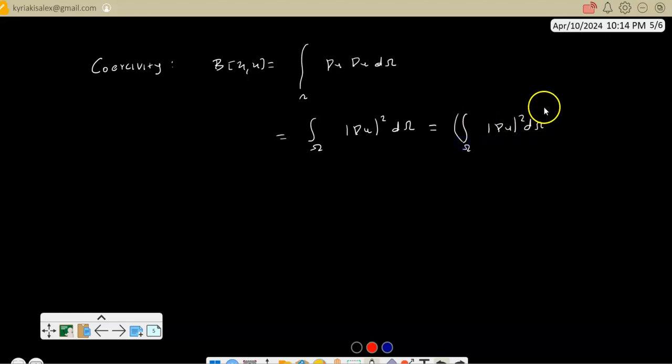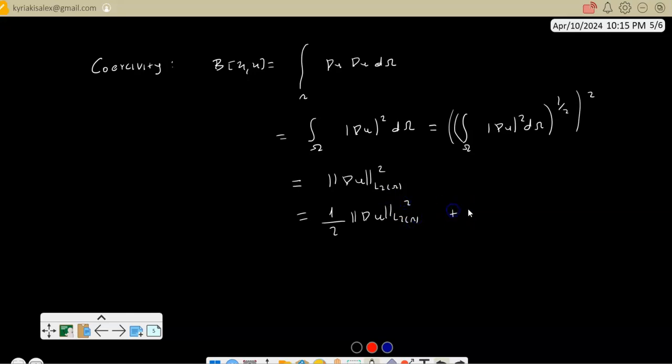I take the square root of this quantity and then square it, because this gives me immediately the norm of the gradient of u in L2. And this I can write as a half of the norm in L2 squared plus a half. Yes, I can write it like this.